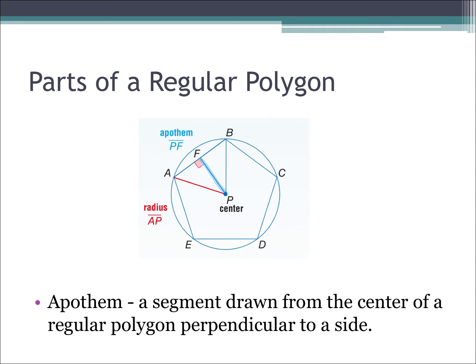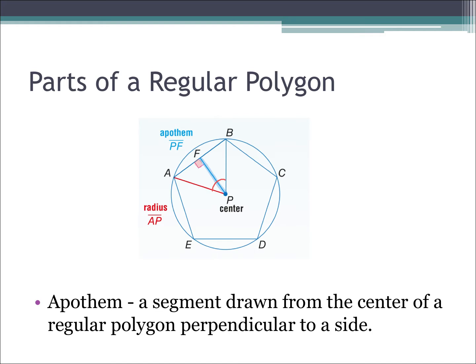Last but not least, this is a vocab word that we learned in circles, and we're going to keep using here in polygons: the central angle. As a reminder, the central angle is the angle that is on the center of the polygon, or the circle, in our case, the polygon.